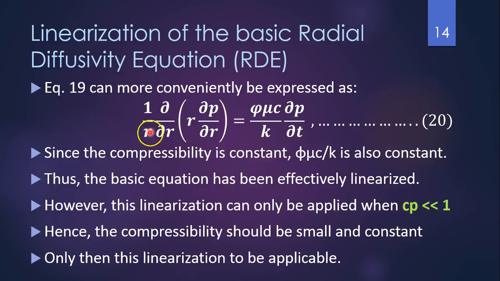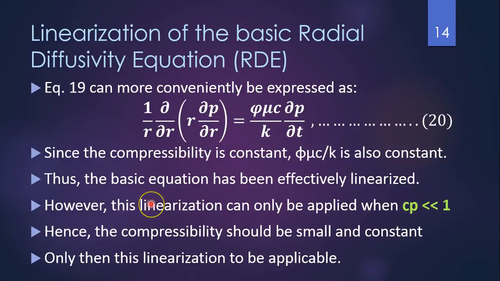Another convenient way of writing the previous equation will be 1 by r del by del r into r del p by del r is equal to phi mu c by k del p by del t. This is simplified by compressing the term with the chain rule. Since compressibility is assumed to be constant for liquid flow, phi mu c by k is also constant. So the basic equation has been effectively linearized.